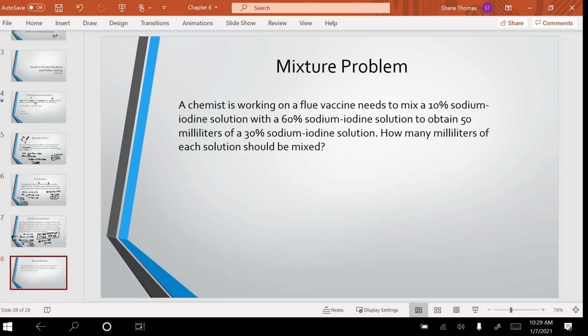All right. So a mixture problem is basically a coin problem. Okay. Two things.